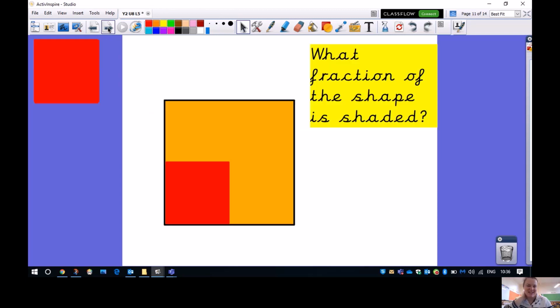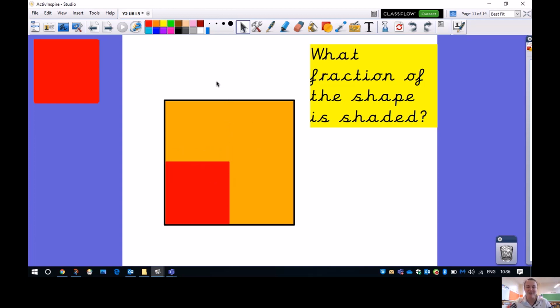What fraction of the shape has been shaded now? If you said 1/4, you're absolutely correct. This one was a bit more confusing as there's no lines breaking up the shape to help us. We have to almost imagine that they are there. This shape could have been split into 4 equal parts, and each part would have been this big.